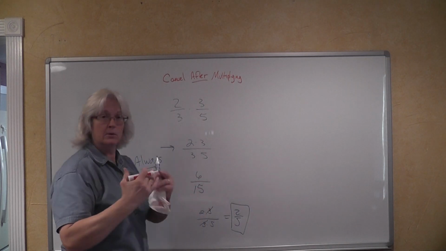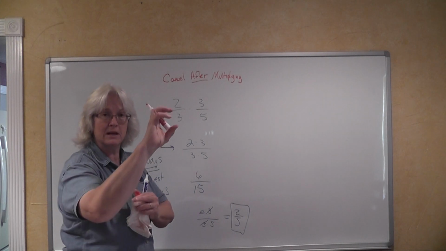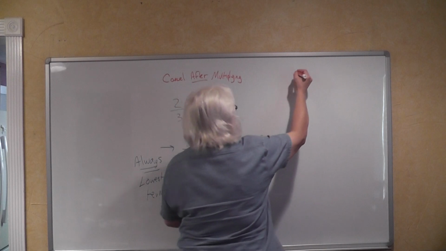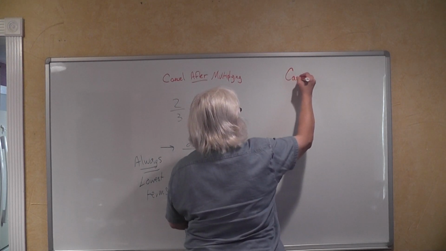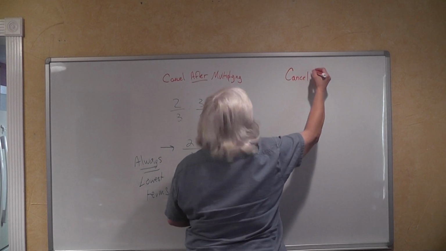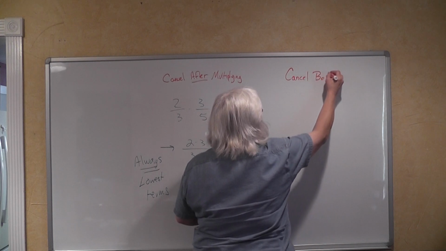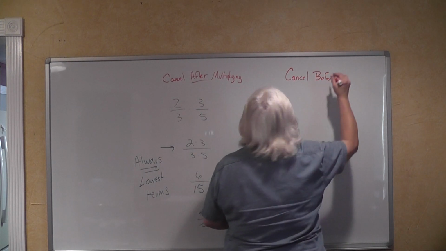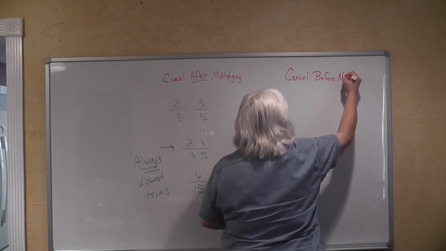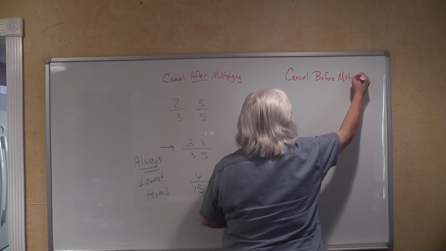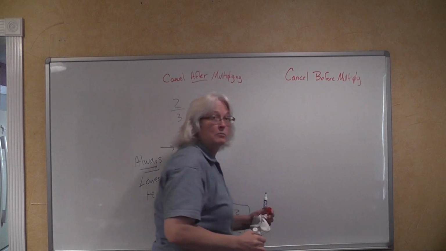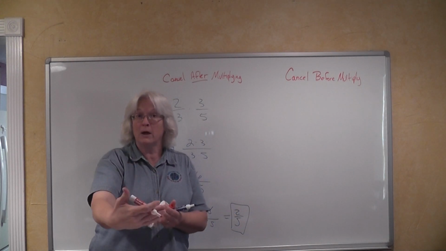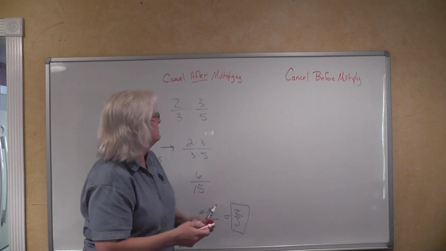When I say cancel, we're canceling common factors: the same factor in the numerator and the same factor in the denominator. We can do that because any number divided by itself is equal to 1, and 1 times any number doesn't change the value of that number. We learned that with our multiplicative property of equality. If you take a number and multiply it by 1, you don't change that number at all.